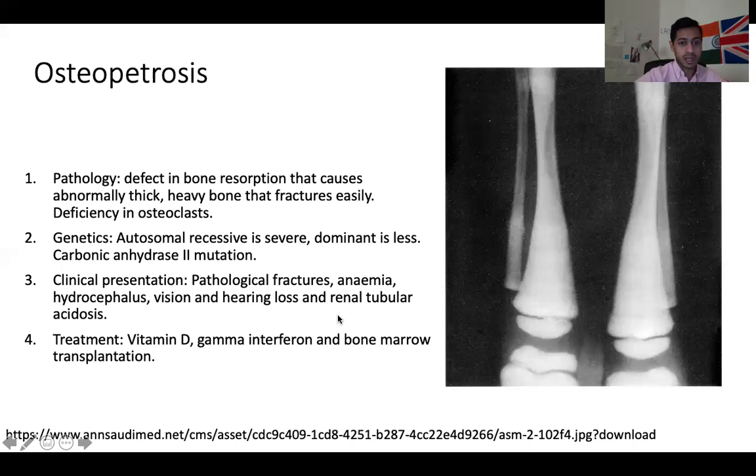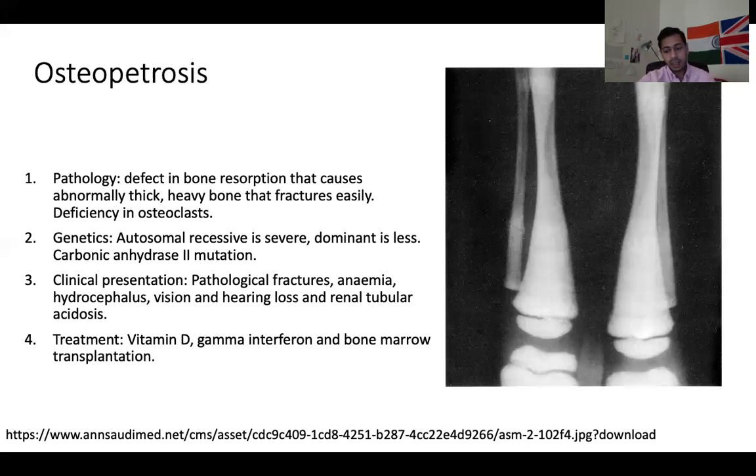They can also present with anemia, hydrocephalus because of the heavy bone in the skull causing compression and a buildup of CSF. There can also be vision and hearing loss, once again due to the solidification of the skull causing impingement on the nerves.